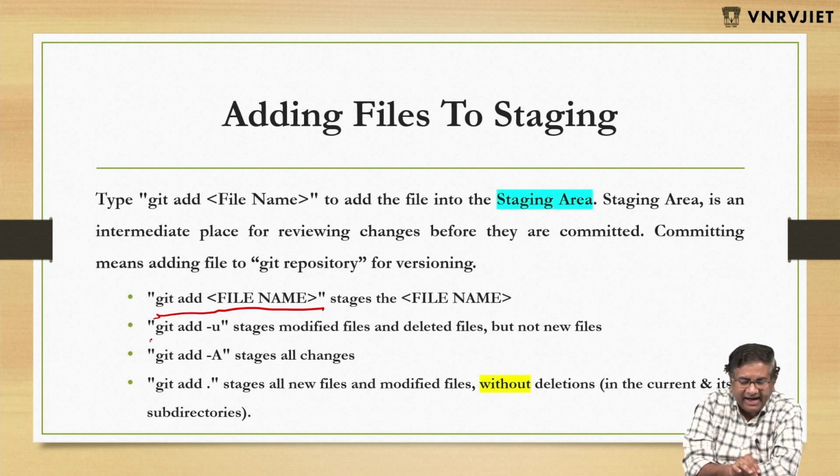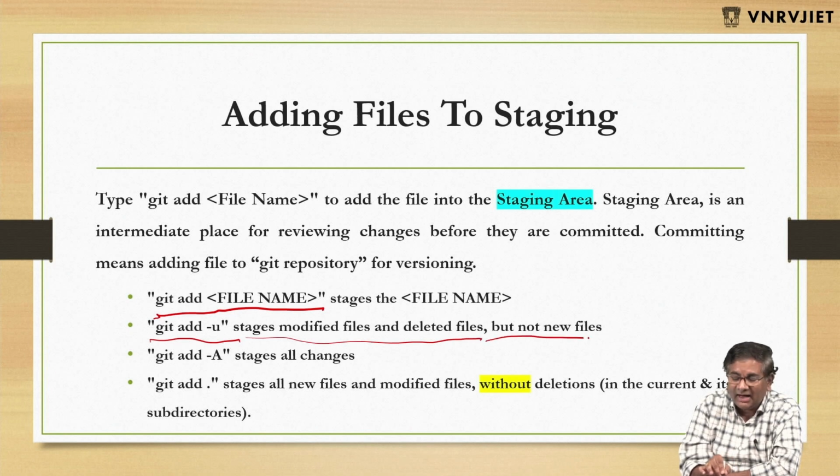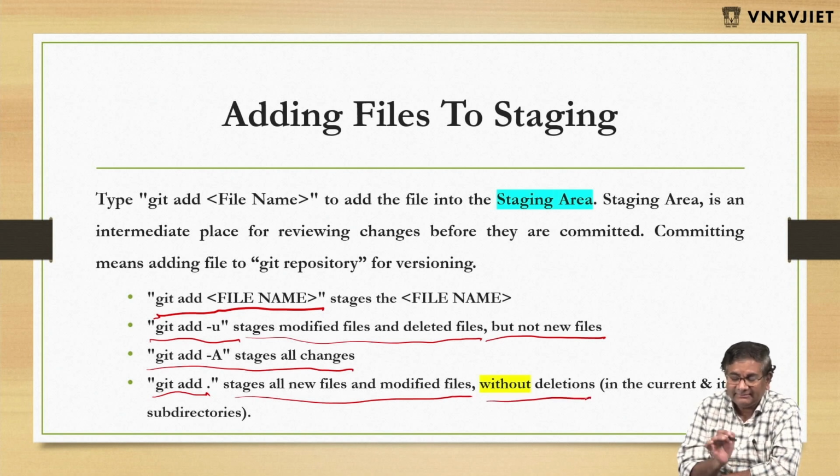Now the git add -u command stages modified files and deleted files, but not new files. Git add -a stages all files, all changes. I'm talking about regular text files in a way, but it could be anything. It could be an image file, anything at all. So git add dot stages all new files and modified files without deletions.